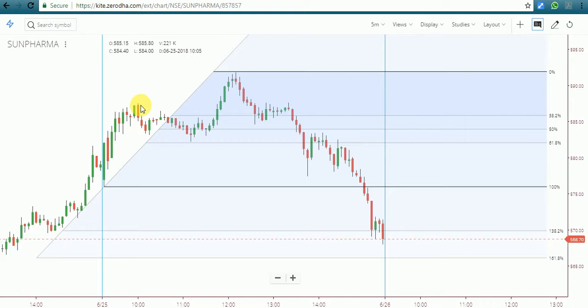It's better than moving averages and whatever else you guys may be using, which are lagging indicators. That's not good, but Fibonacci tells you the future, and it tells you a lot of things.